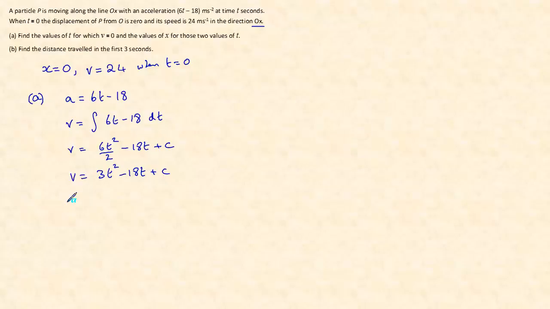And then we can use the fact that v is 24 when t equals 0. So 24 is going to be 0, take away 0, add c, which means that c is 24. So v is going to be 3t squared minus 18t plus 24.